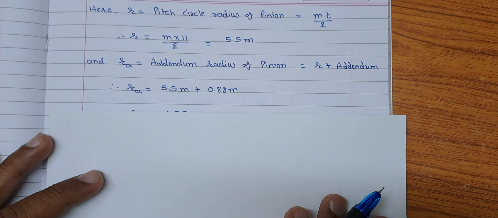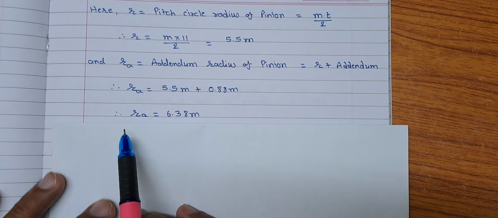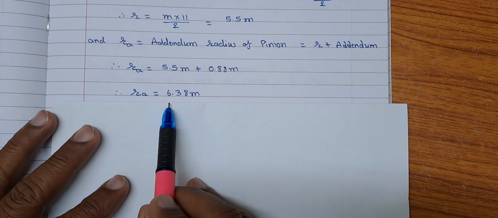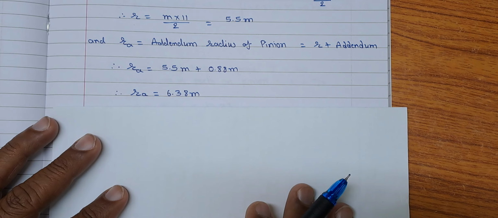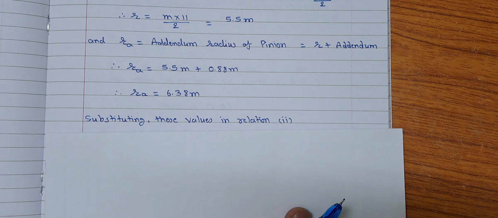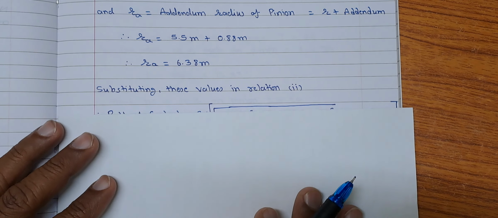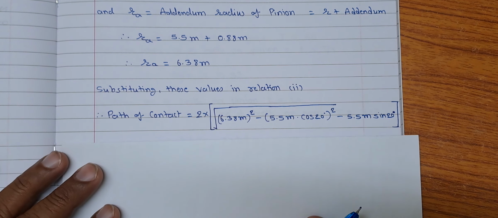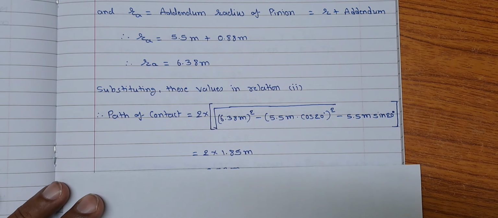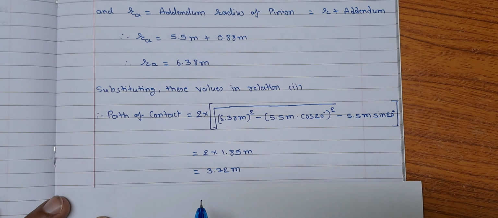On substitution of value, we find Ra is equal to 6.38 times module. Now, substituting these values in above relation 2, we found that path of contact is equal to 3.72 times module.